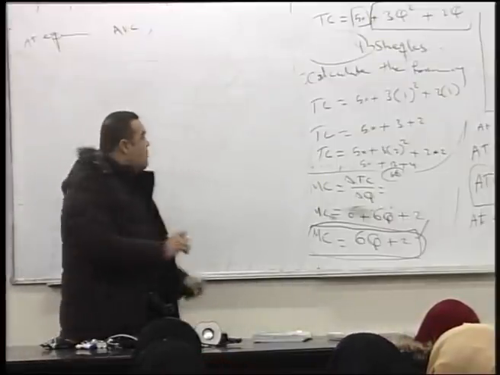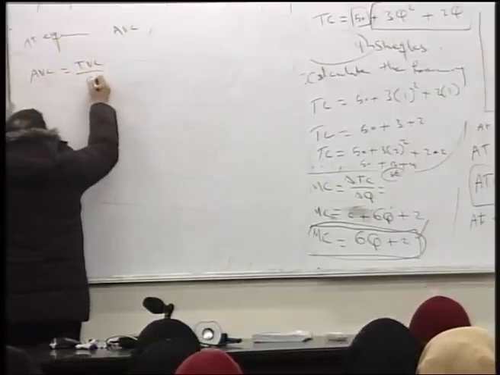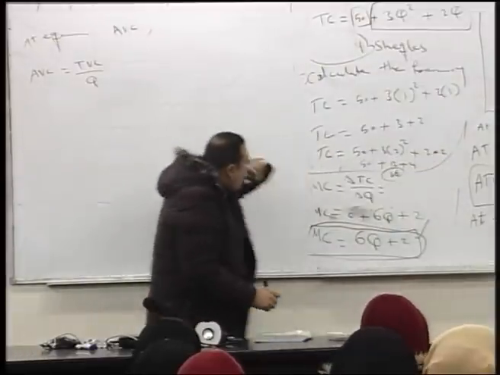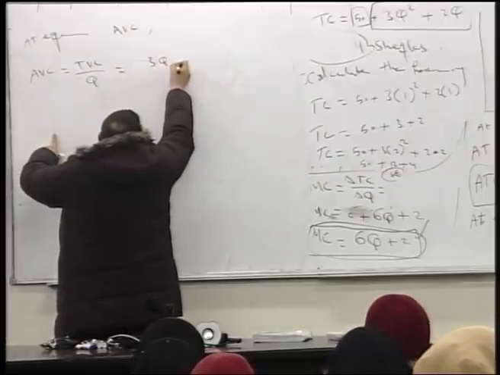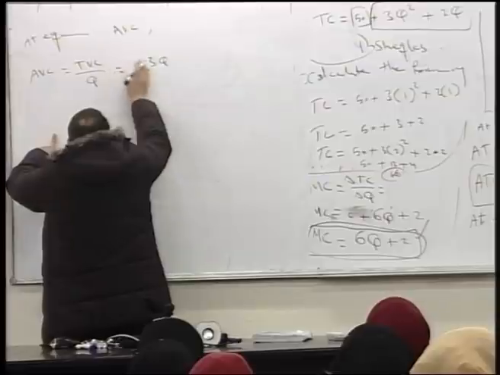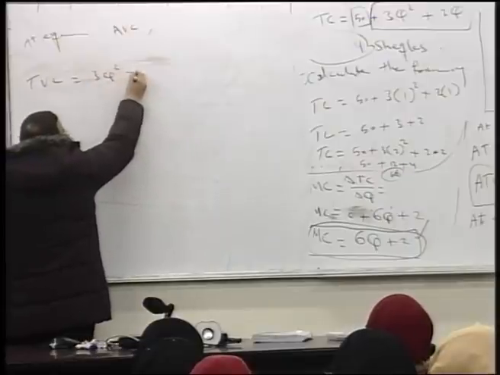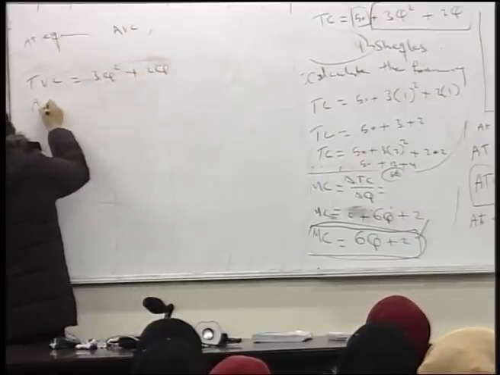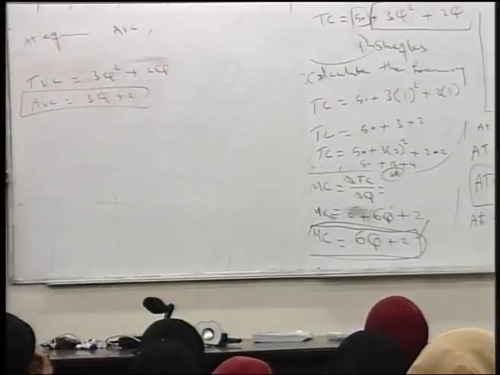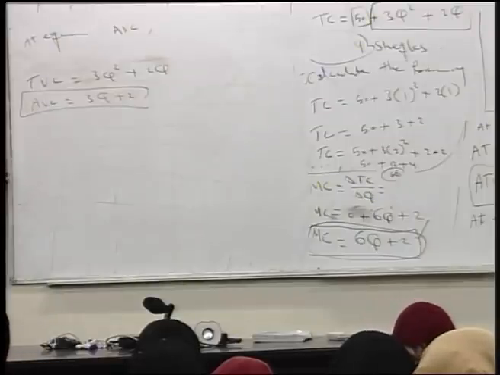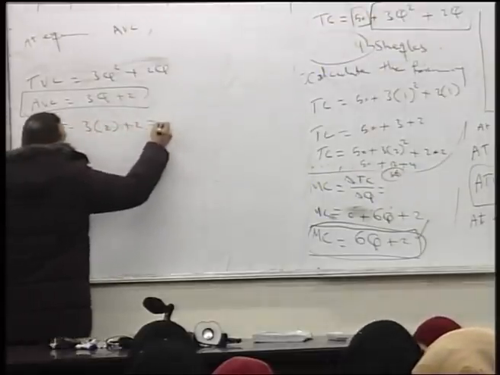AVC equals TVC over Q. TVC equals 3Q squared plus 2Q, so AVC is 3Q plus 2. At Q equals 2, AVC equals 3 times 2 plus 2 equals 8.